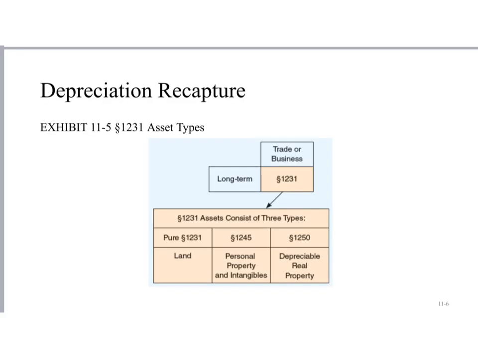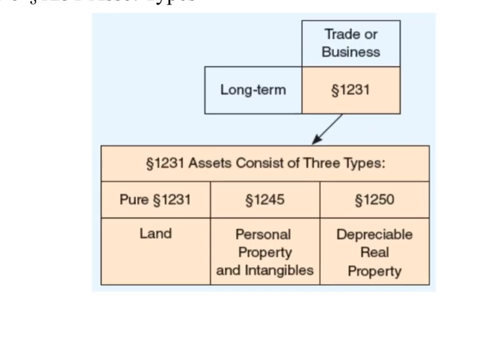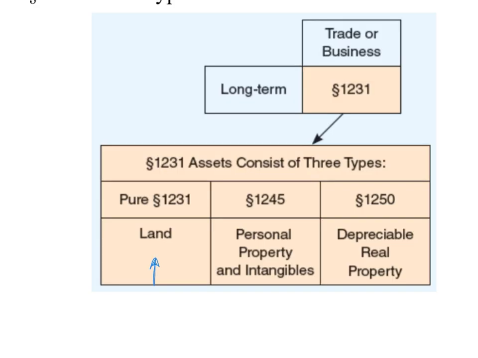So I've included this little slide in our discussion because it talks about the asset types. 1231 assets really consist of three potential types. Land is considered a pure 1231 asset because it cannot be depreciated. Personal property and intangibles are called 1245 assets, and that's because of the Internal Revenue Code that describes their treatment.